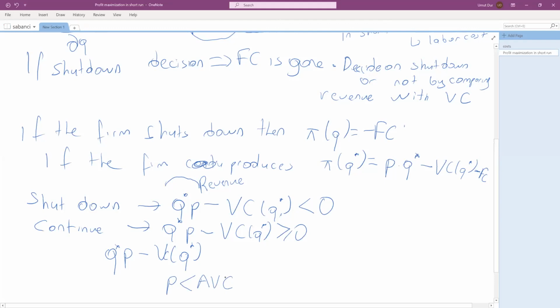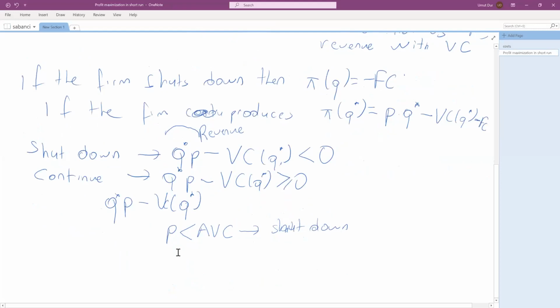If the average variable cost is greater than the price, then I shut down. Otherwise, if the price is greater than the average variable cost, then I continue.